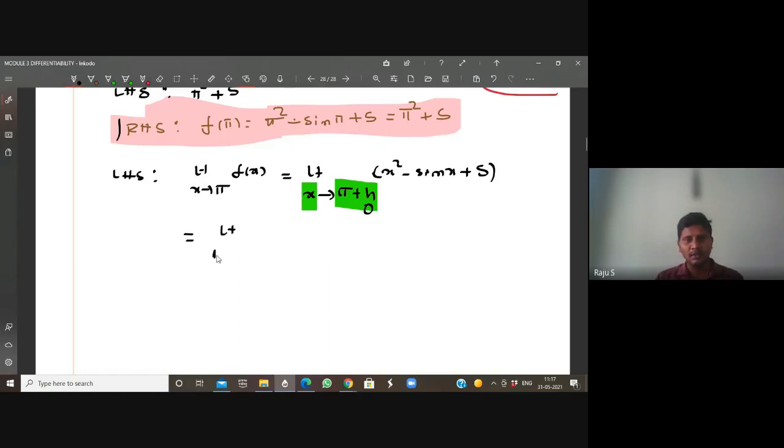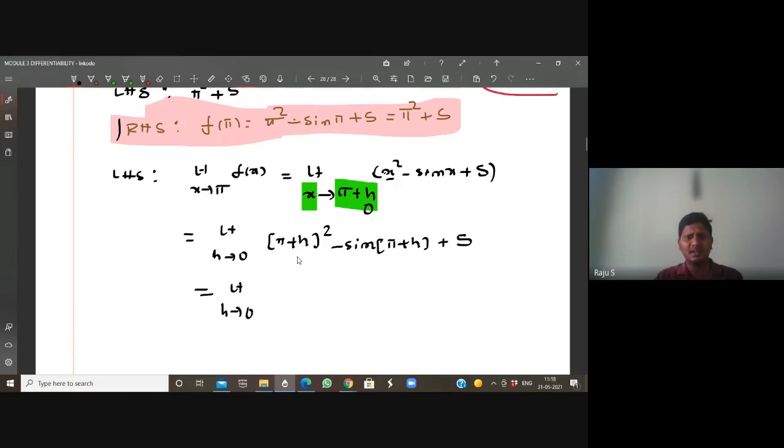So this can be written as limit h tends to 0 of pi plus h the whole square, because for x square, in place of x we substitute pi plus h, minus sin of pi plus h, plus 5.